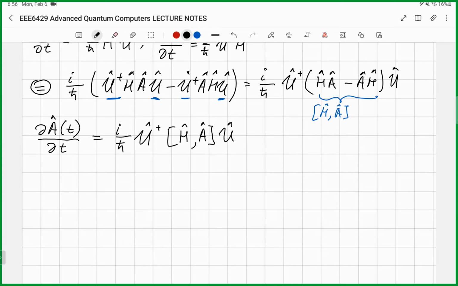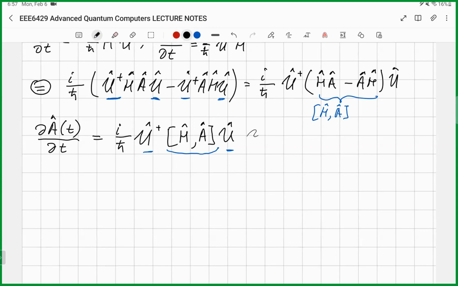So the commutator is just an operator, and the fact that I apply this U dagger and U on the left and right side is another similarity transformation, but applied to the commutator of two operators.